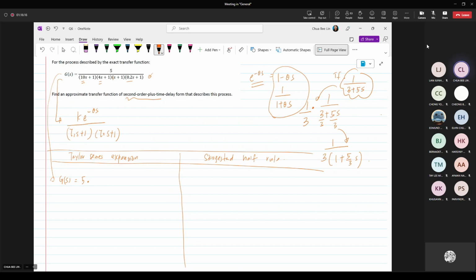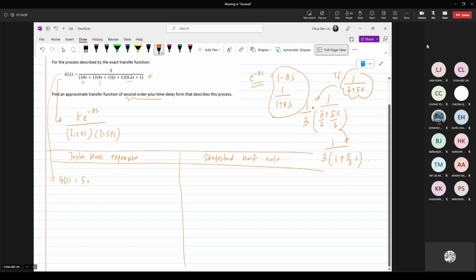Some of you are careless, you put the 3 on the top. Actually, the 3 is at the bottom. So you have the 3 over the 3, multiply here 3, get back the answer. This one will be exactly the answer of this. Just like I bracket here.